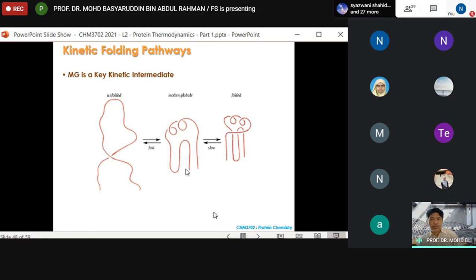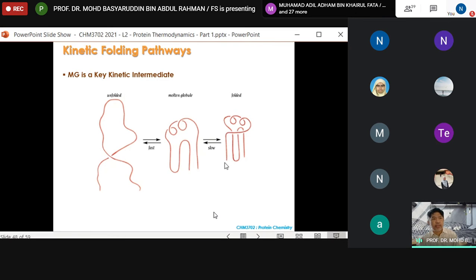Okay, so we're not going to focus more on the kinetics of this molten globule. I'm just afraid that it will enter into too much biochemistry for all of you. But what I believe is that, through this discussion, you should be able to relate the importance of protein folding and unfolding, then the importance of studying it, for example, using denaturing agents.